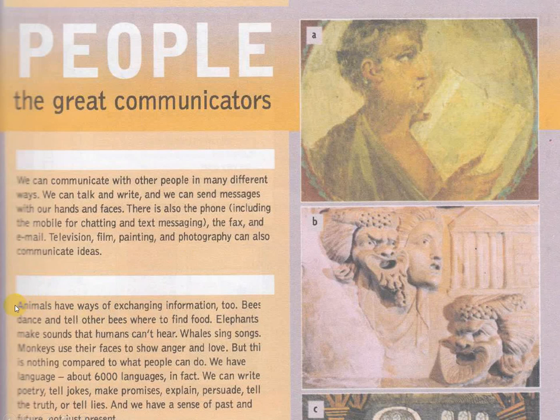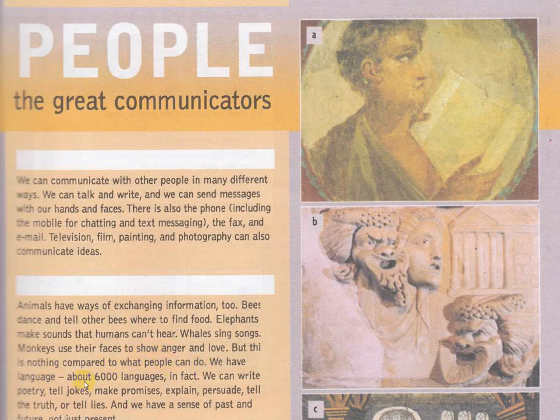The second paragraph. Animals have ways of exchanging information too. Bees dance and tell other bees where to find food. Elephants make sounds that humans can't hear. Whales sing songs. Monkeys use their faces to show anger and love. But this is nothing compared to what people can do.